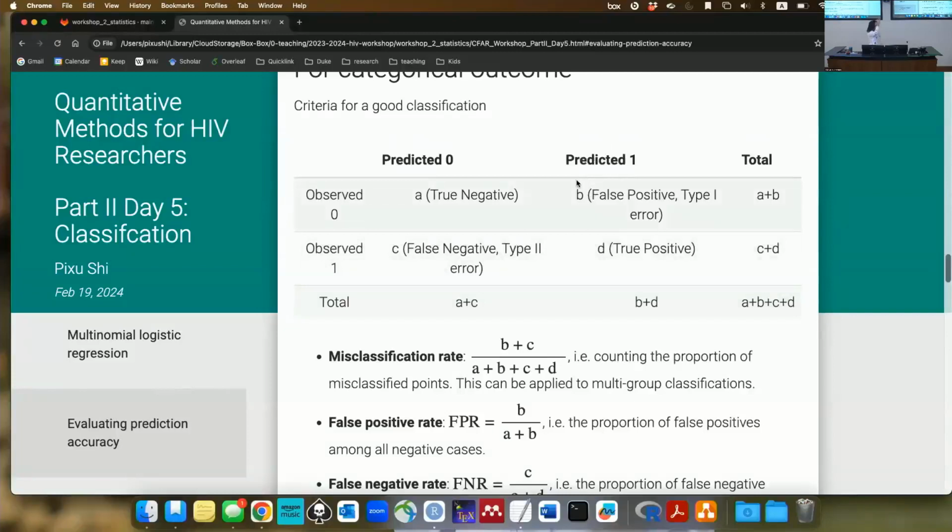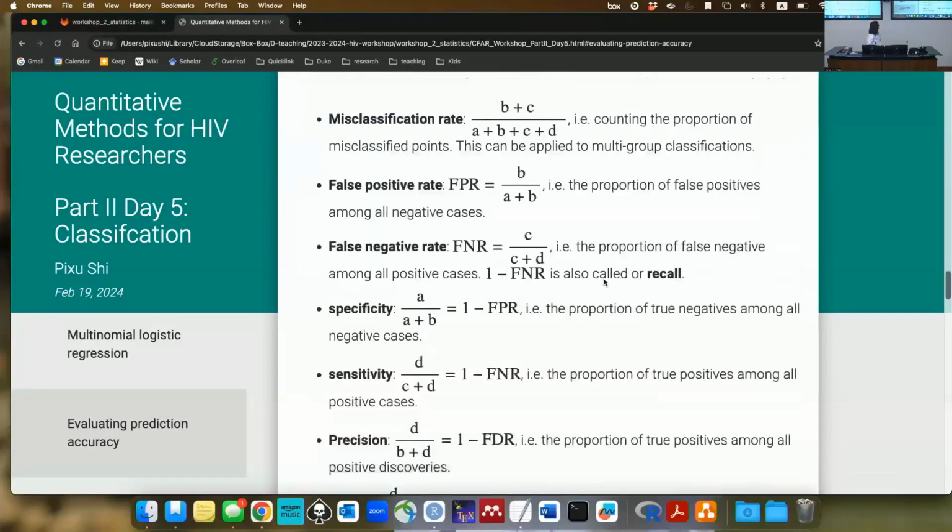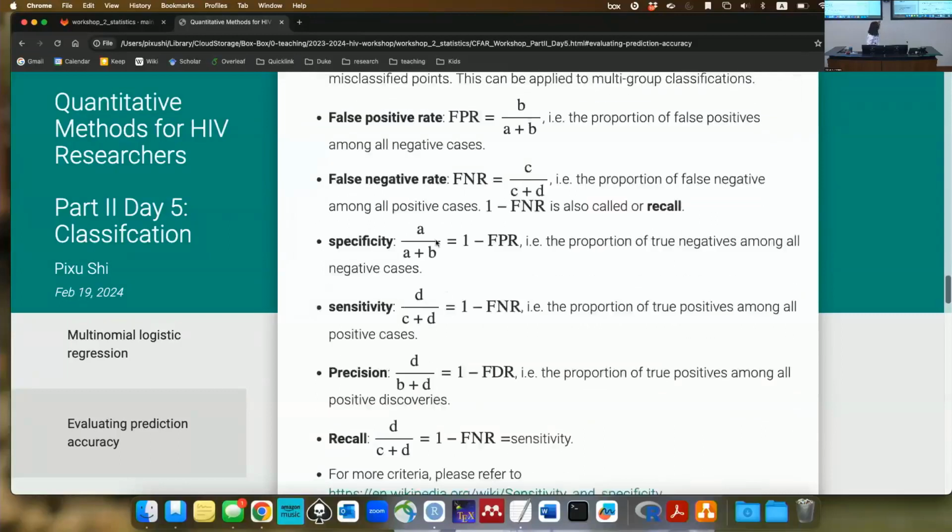So when you shift that regression line in the plane, this B plus D will change. So when you shift that line, the sensitivity and specificity are going to move monotonically, but precision will not. It may go back and forth.